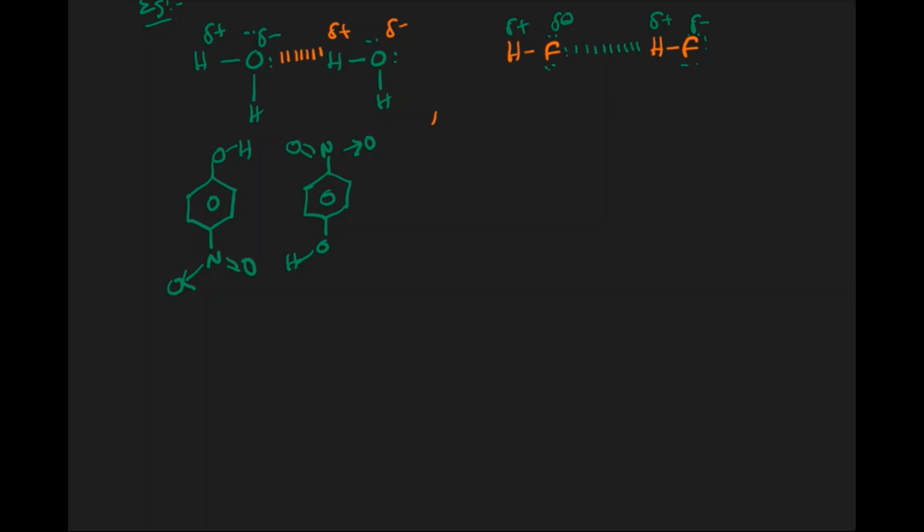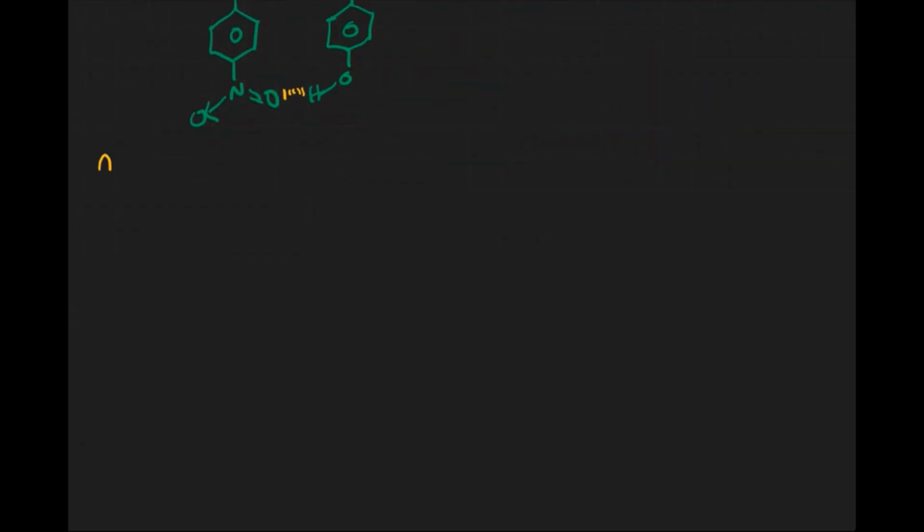Here there will be hydrogen bonding between oxygen and hydrogen. This hydrogen bonding is taking place between the molecules, so again we call it intermolecular hydrogen bonding. Now let us see the applications of intermolecular hydrogen bonding.